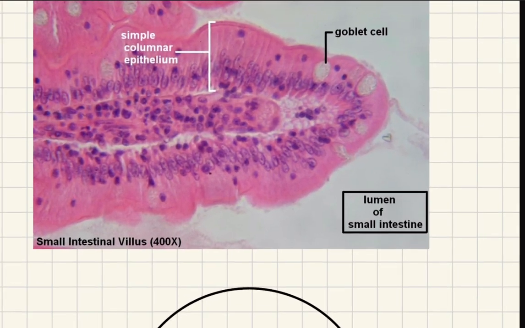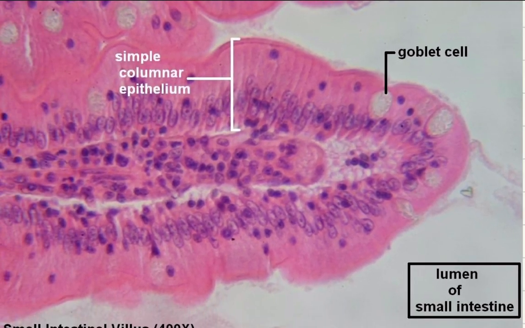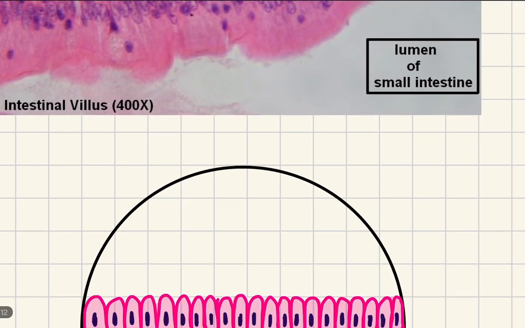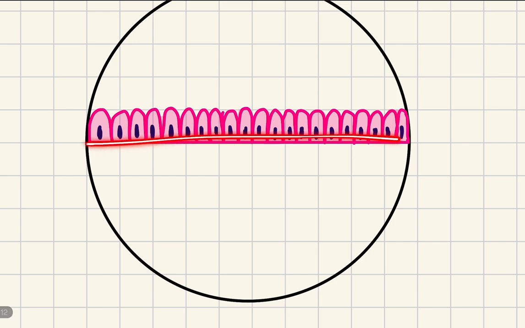Okay. So here you can see the tall simple columnar epithelium. This is the lumen of the small intestine. Alright. Now this is how you draw it. Draw the basement membrane and draw the columnar cells which are taller, with an oval nucleus closer to the base.